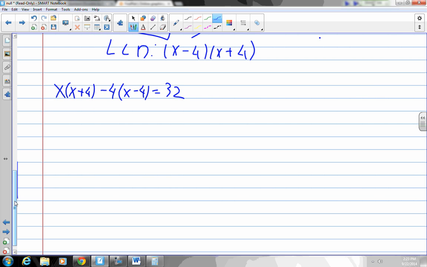Then you distribute: x squared plus 4x minus 4x plus 16 equals 32.